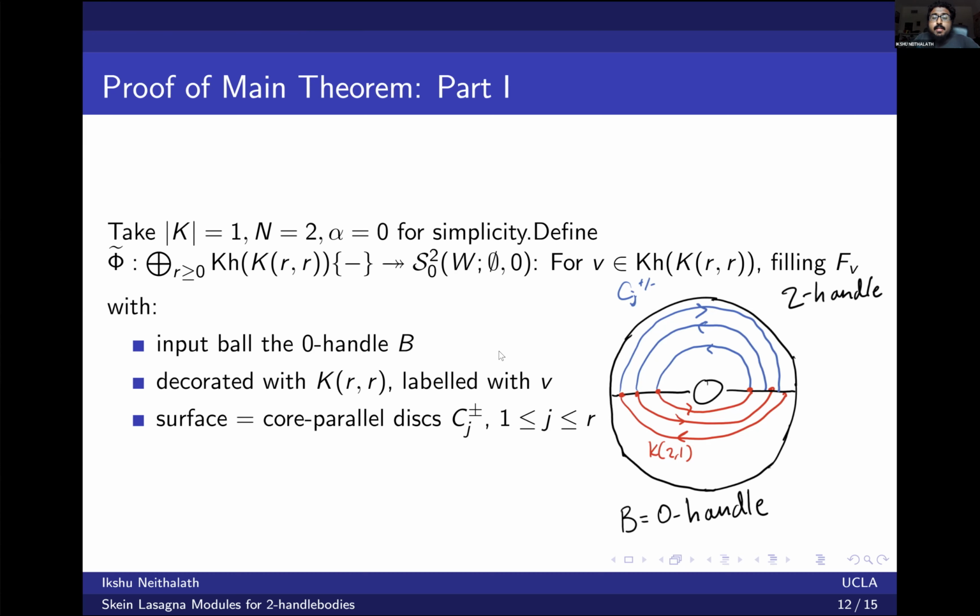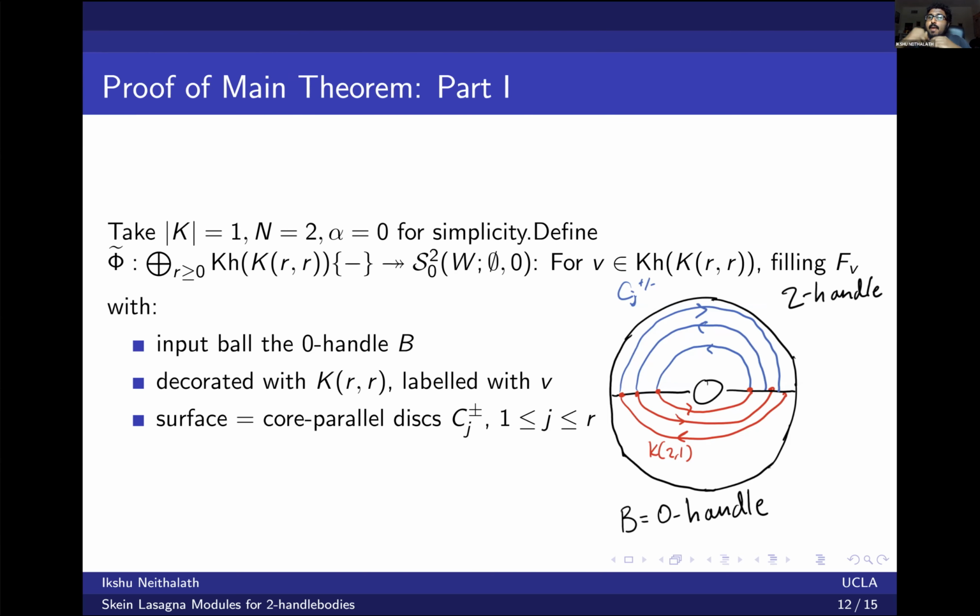And so what we're going to do for the surface is to take these core parallel disks. So what do I mean by that? Well, if you think of the core of the two handle as some disk, and based on the way we've attached it, the idea of attaching a two handle along a framed link means that the core of the two handle, that disk, its boundary will be the framed link in the 3-sphere, okay?